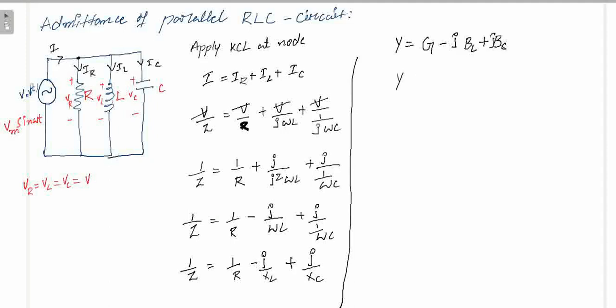So Y is equal to G. If I take j common, here you are going to get BL minus BC. So Y is equal to G minus j into B, where B is equal to BL minus BC.